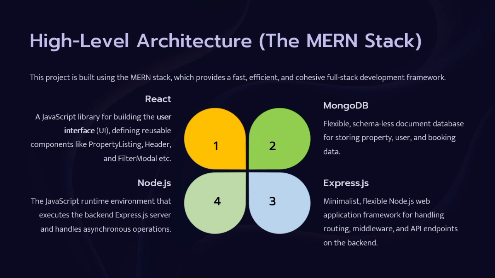It is used to design the front-end interface, building dynamic and reusable components like header, property list, and filter modal. Second, MongoDB, used as a NoSQL database to store all information, user details, property listings, and booking data in a flexible document structure.